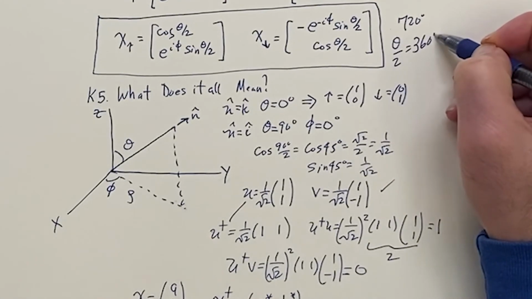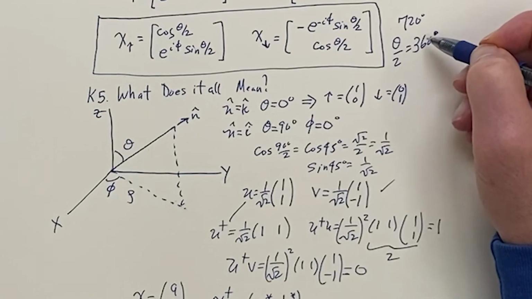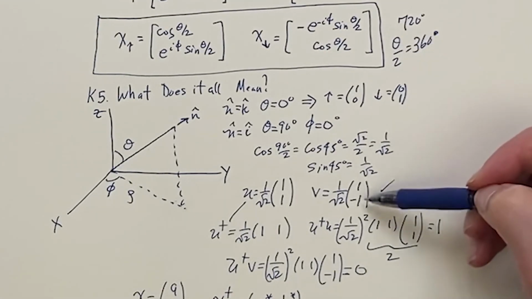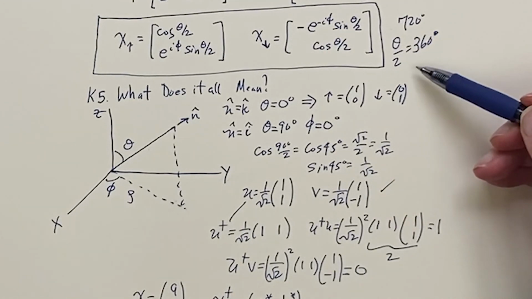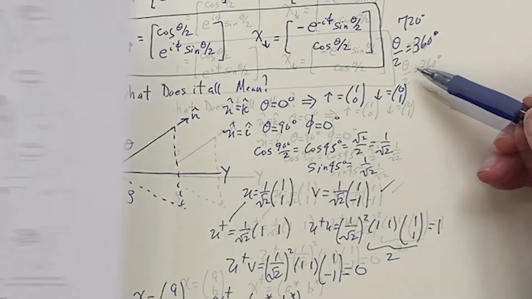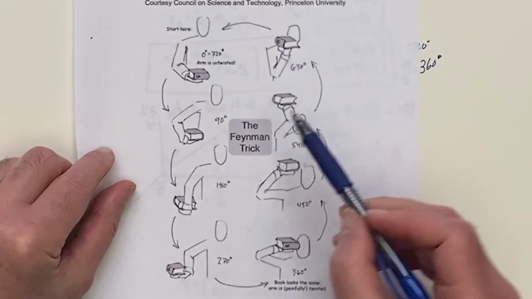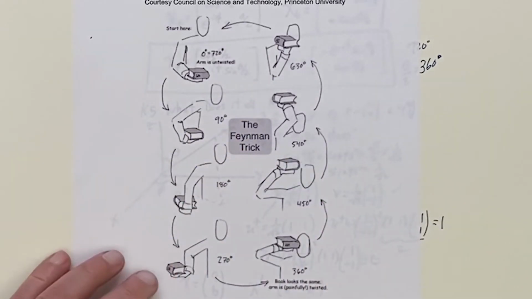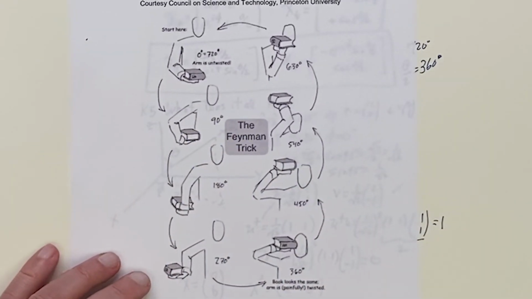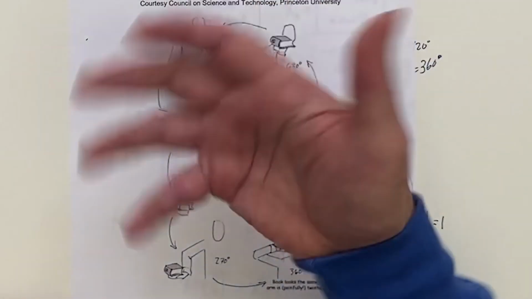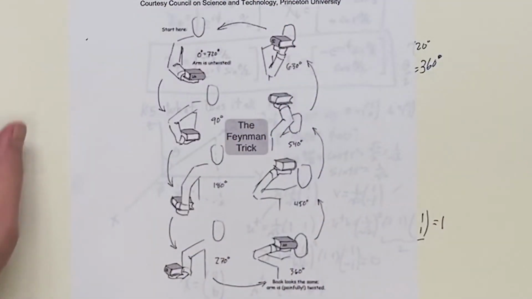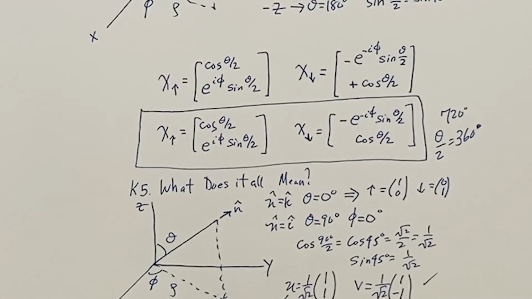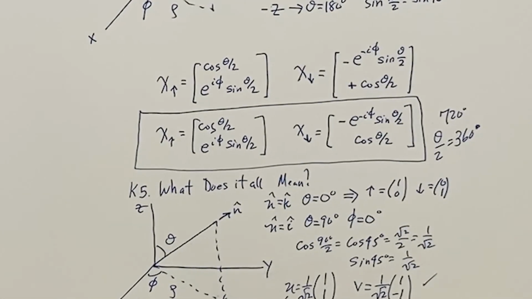So you do have this little phase stuff coming into play, which is kind of interesting. The Feynman trick is to do what the waiter does to get the same thing back: you basically go around twice. The waiter, very nice. Kind of weird, these spinors.